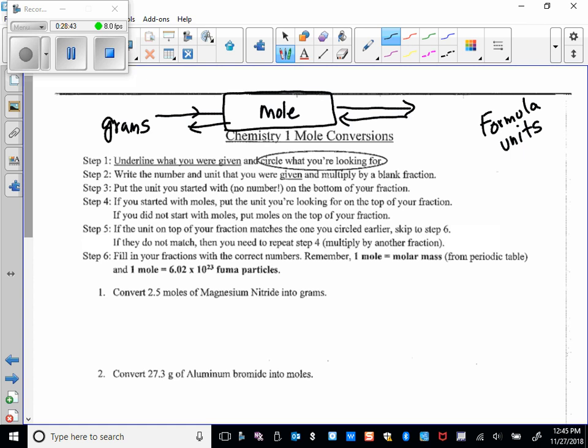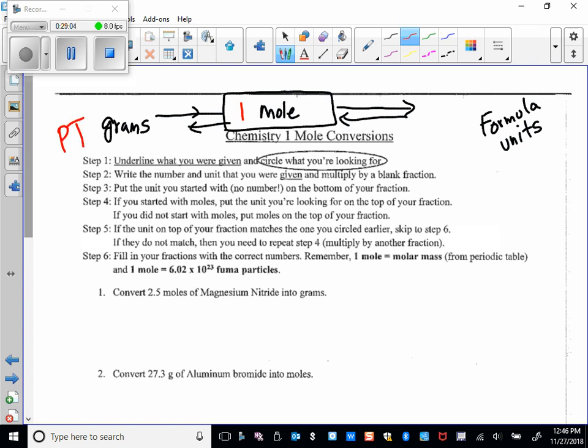So what is the number that goes before mole? Always 1. Christina, are we writing this down? The number before mole is 1. Where do we get the number before grams from? From the elements on the periodic table.